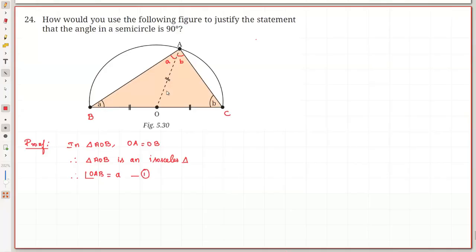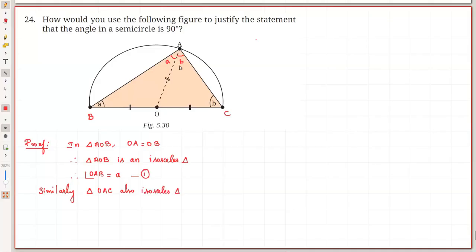Now the same way, similarly, I can say triangle OAC is also an isosceles triangle.